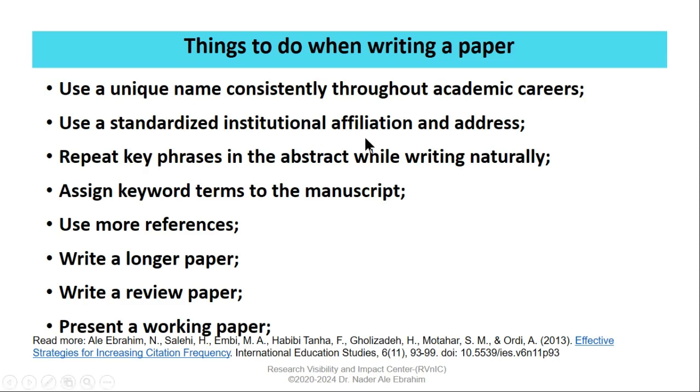About your affiliation, you should always keep it consistent: whenever you are working in one institution, use the same affiliation. Don't use the abbreviation one time and the full name other times. For instance, don't mention Calvas one time, and another time Center for Academic Research and so on. Always use the same affiliation. Repeat key phrases in your abstract and your title.